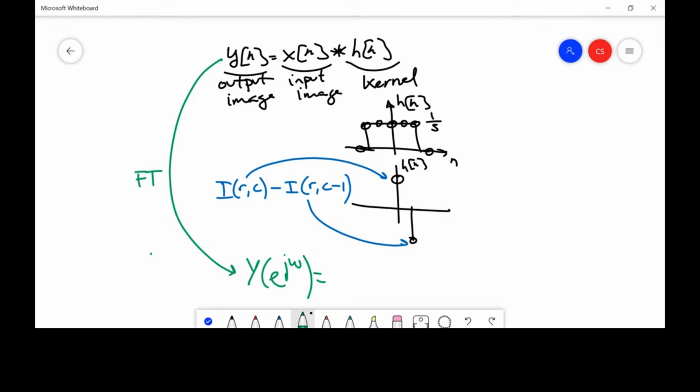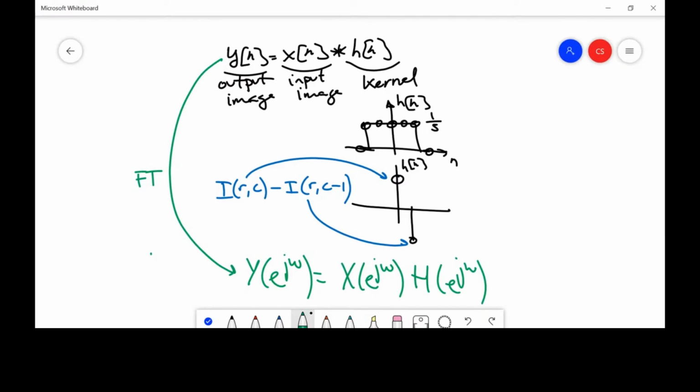So the Fourier transform of the output image is the Fourier transform of the input image multiplied by the Fourier transform of the kernel. Okay, so this is the Fourier transform of the input, and this is the Fourier transform of the kernel. So this is just the convolution property of the Fourier transform.